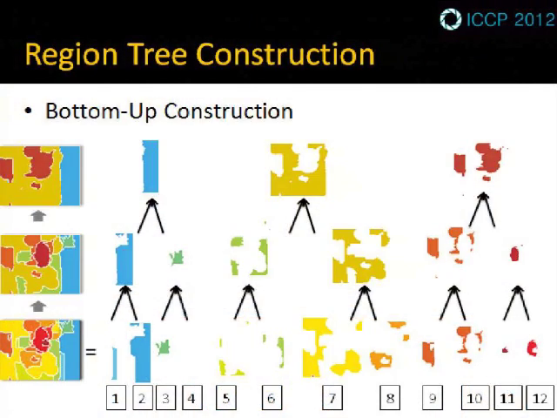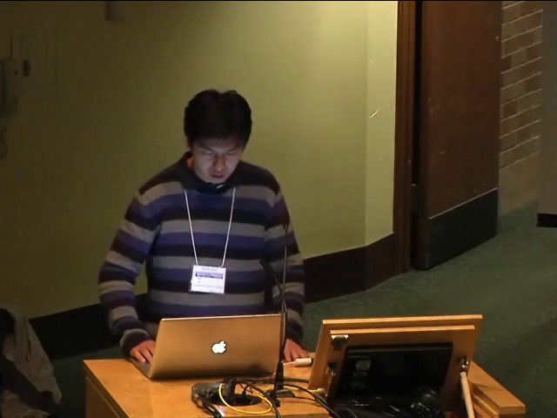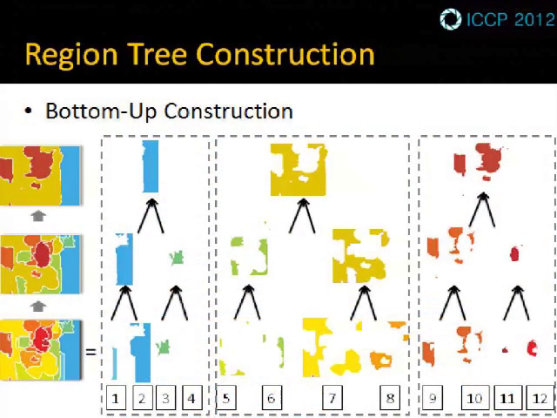This process continues until we get sufficiently large regions for PSF estimation. And it has several advantages. Although each region has pixels with different depth values, depth variations will not be very large since we only merge adjacent depth values. And also, they are large enough. In this example, we have 3 region trees.